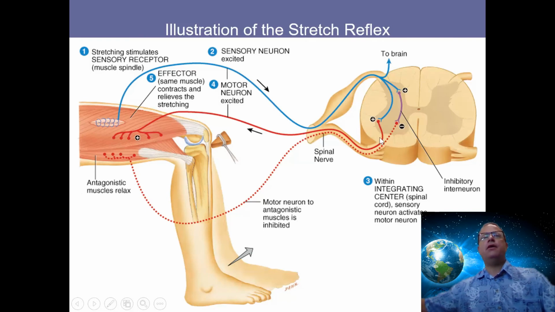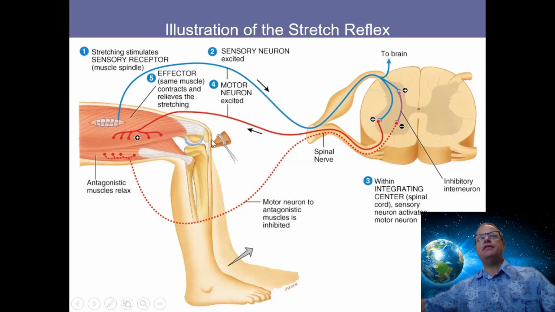And one of the things that's going to happen is that motor information will come out that very same side, and it will tell your quadriceps muscles to contract. Now, when the quadriceps contracts, it pulls the stress off of that patellar ligament. It basically decompresses it so it's not stretched so much.